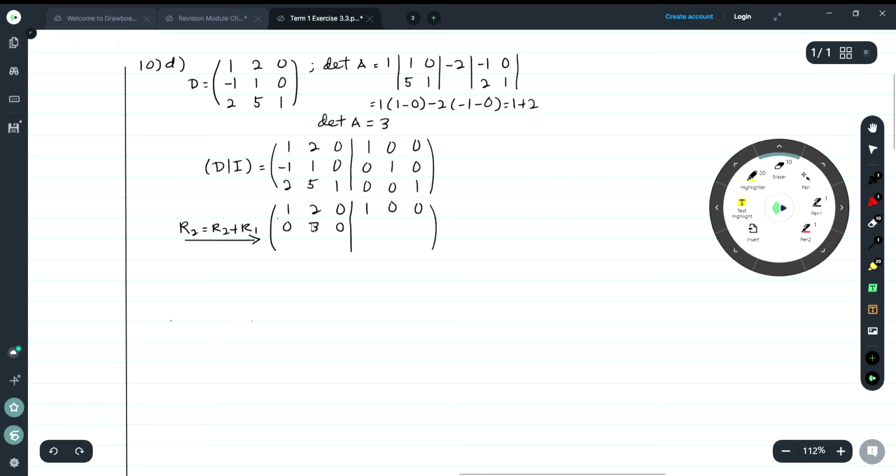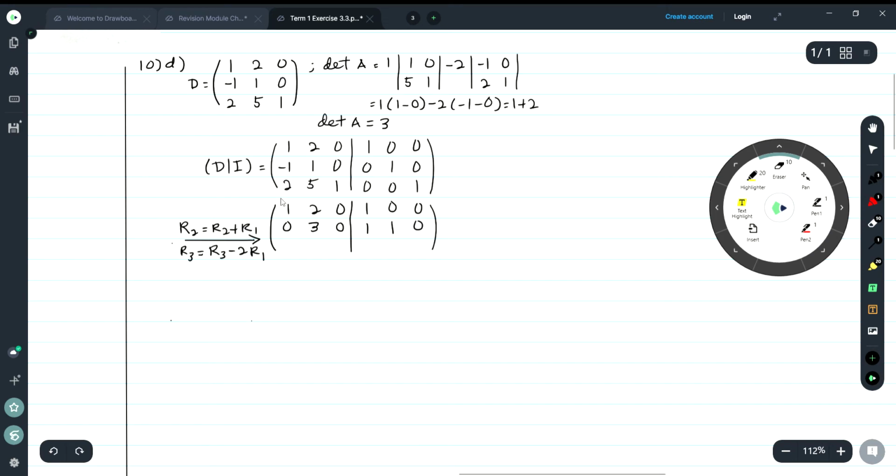So how do we get this 3? 3 is from R2 plus R1, 1 plus 2. Okay, next. How do we get the value of 1? It is from R2 plus R1, 0 plus 1.